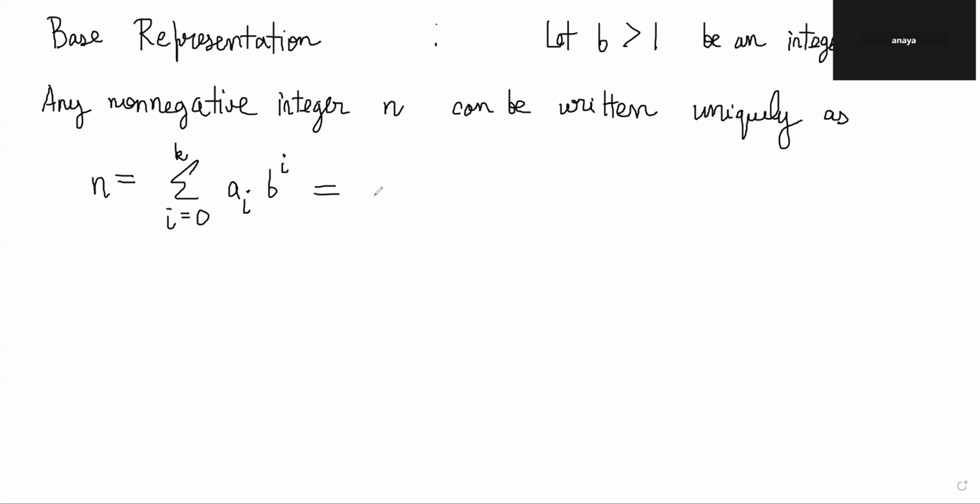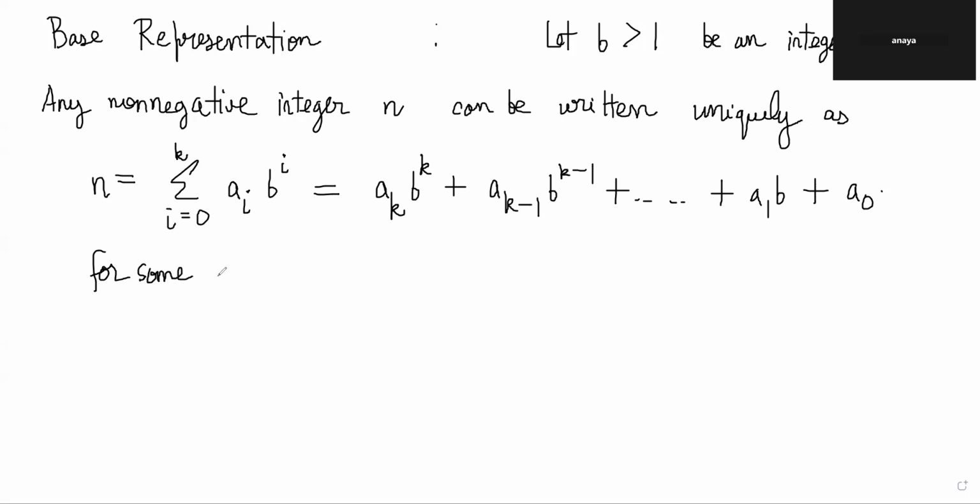Basically, what that means is it can be written as a_k b^k plus a_(k-1) b^(k-1) and so on till a_1 b plus a_0, for some integers a_0, a_1, a_(k-1), a_k.